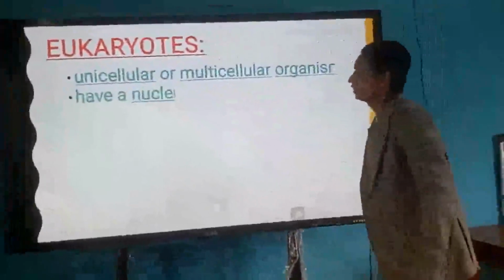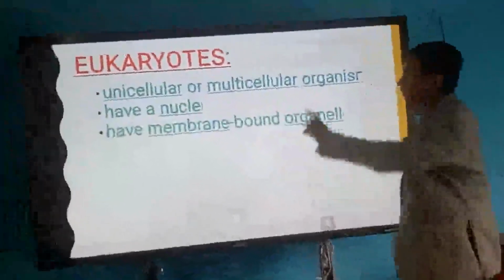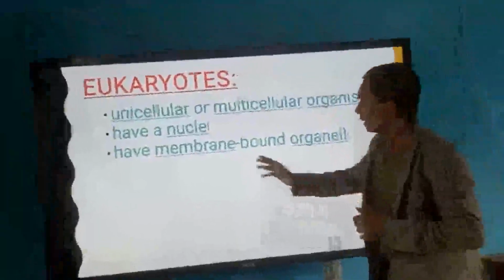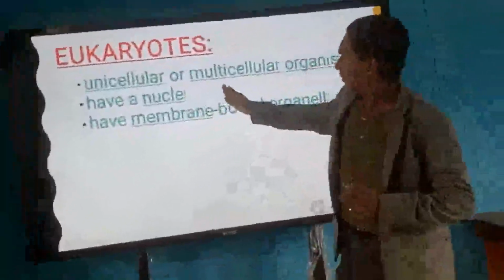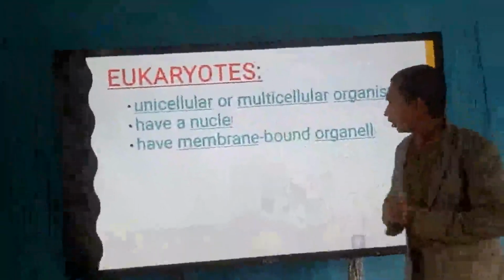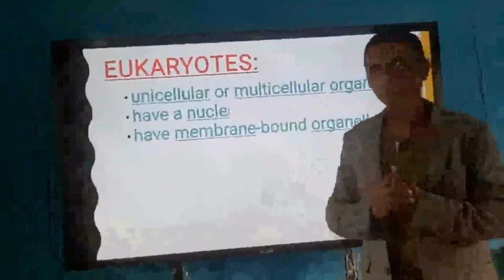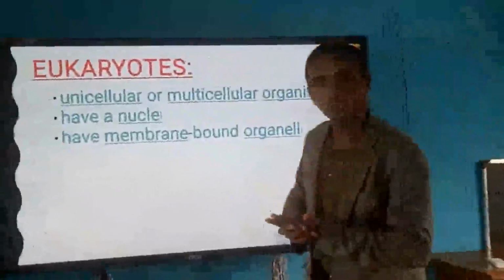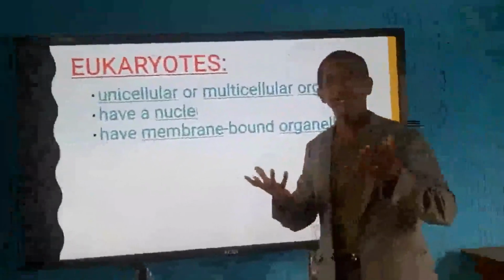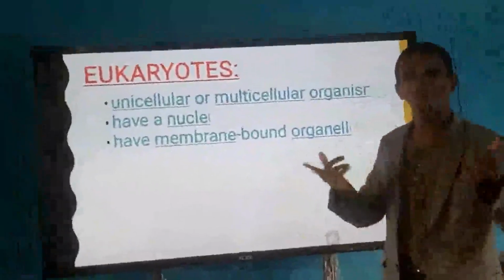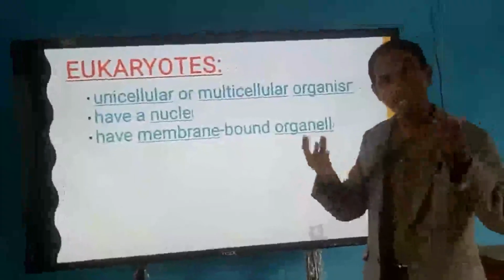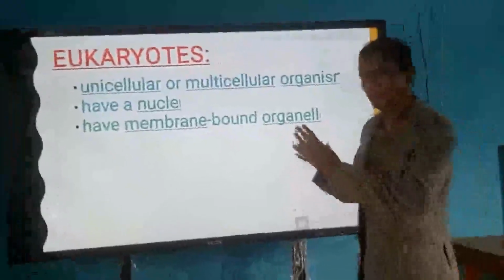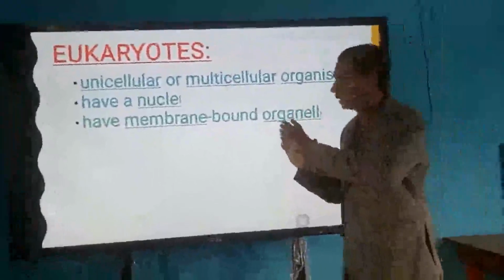So you can see when we consider eukaryotes, they have a very complex and developed nucleus, and they have membrane-bound organelles like endoplasmic reticulum, nucleus, mitochondria and chloroplast, and also the other organelles.